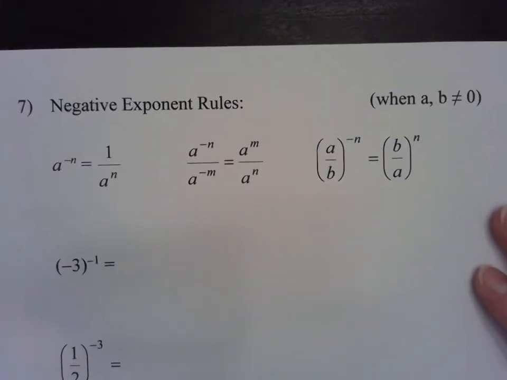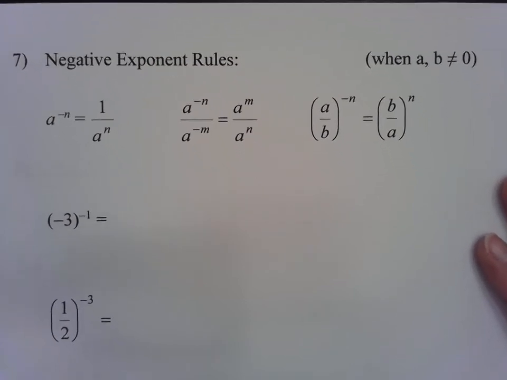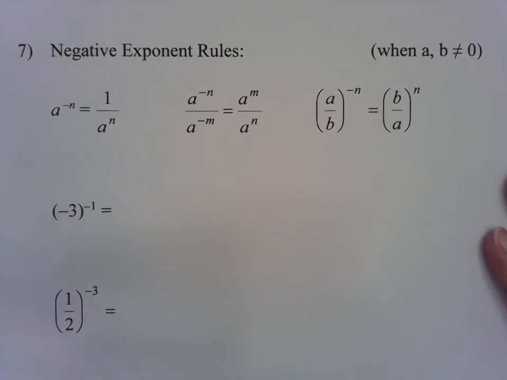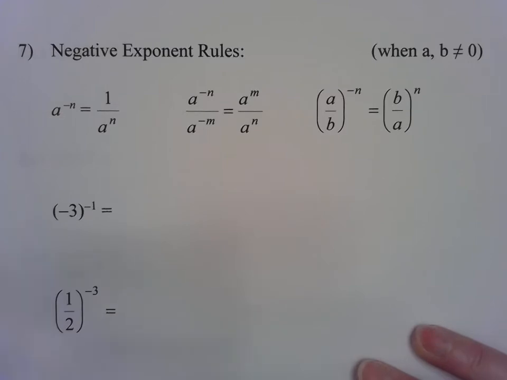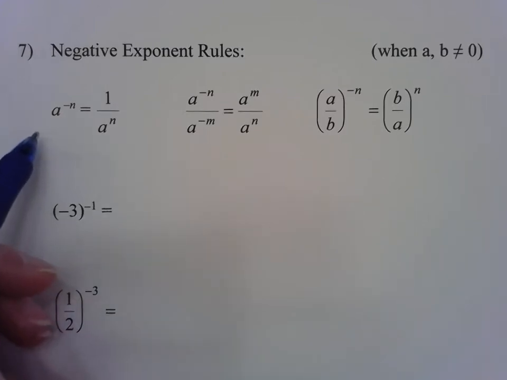Okay, last property is the property that deals with the negative exponent. A negative exponent is different than a negative number. It indicates a reciprocal or a flipped over fraction. It's very much related to the keep, change, flip idea, because I'm really flipping when I'm dividing by something.